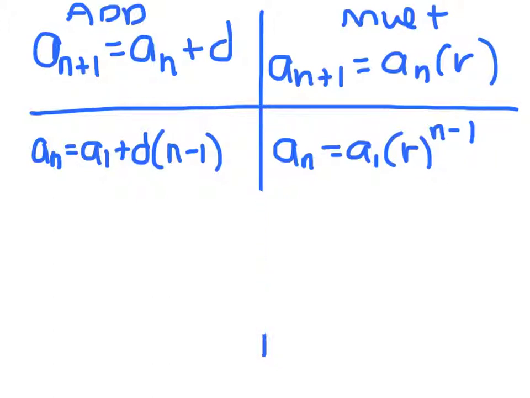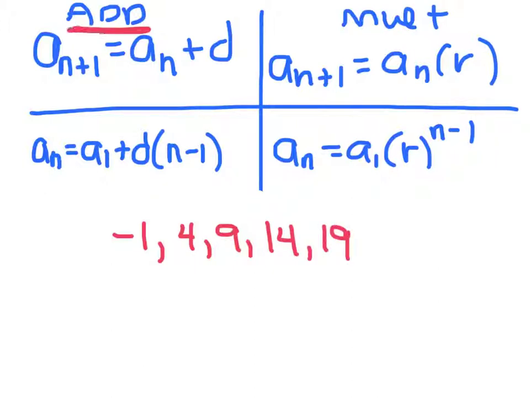So if you had a problem, for example, that had -1, 4, 9, 14, 19, you would have to look at that and decide, is this an adding rule or is this a multiplying rule? Okay, if this is an adding rule, I'm adding 5 each time.